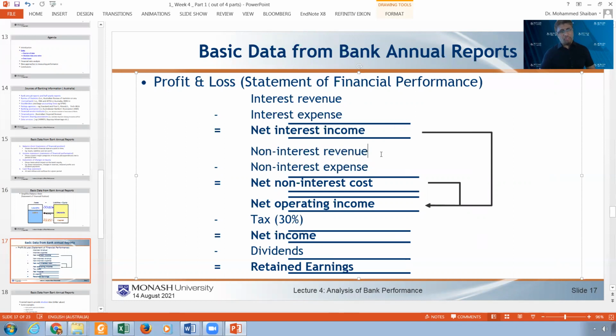We can have an investment outside, a trading outside, we can make a revaluation for our assets. So it's non-interest. And then we have non-interest expenses, and then we have the operating and the tax, and this is actually the income statement.